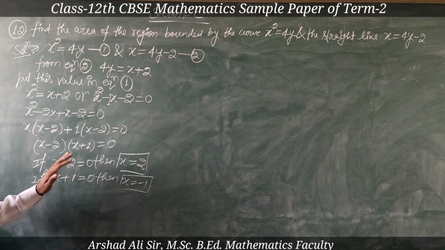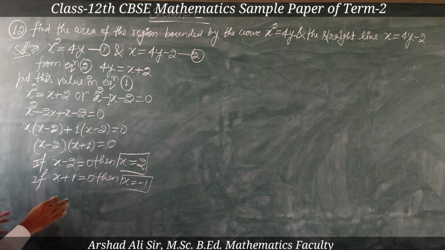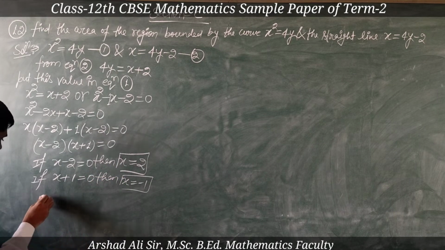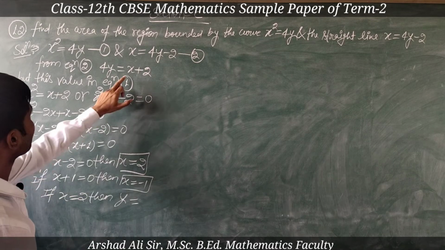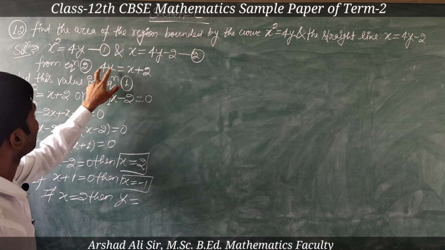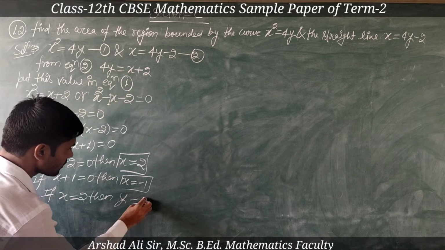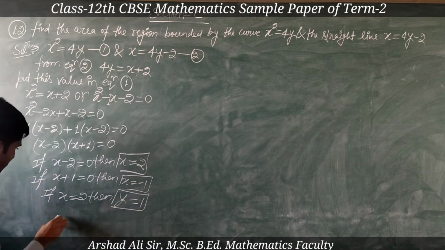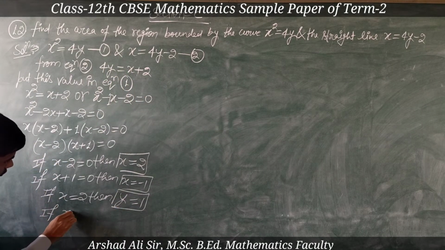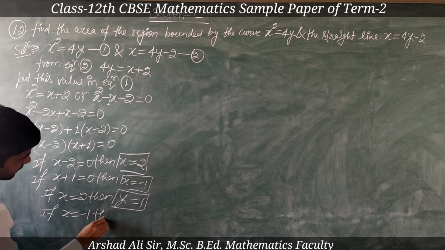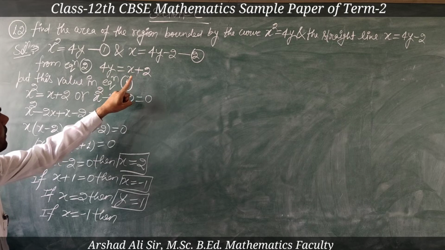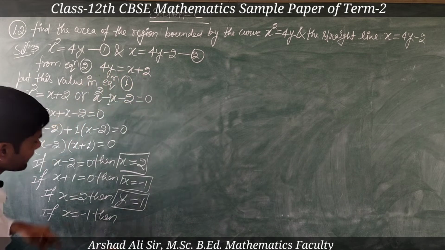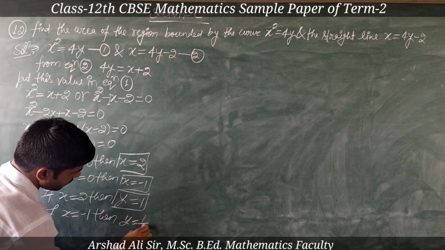Okay, now we have these two values of x, so we can find the value of y. If x is equal to 2, then we can put here 2 plus 2, 4, 4y is equal to 4, it means y is equal to 1. If x is equal to minus 1, then we can put here minus 1 plus 2, it will be plus 1. 4y equal to 1, then y is equal to 1 upon 4.